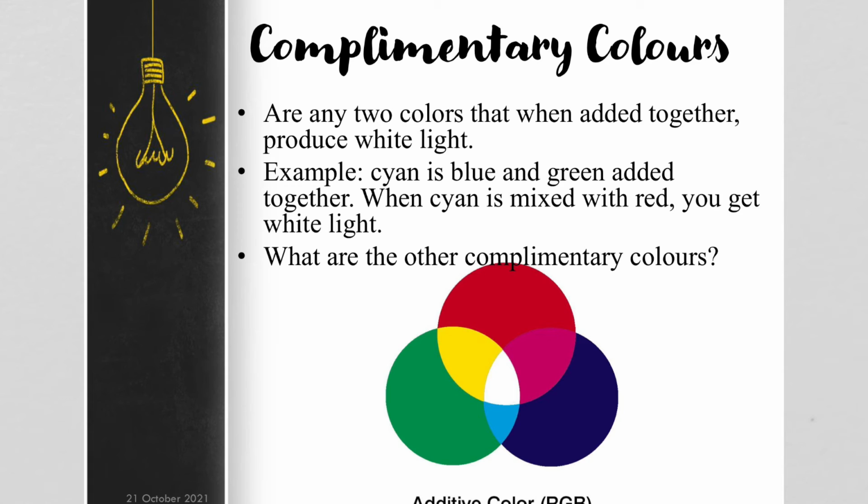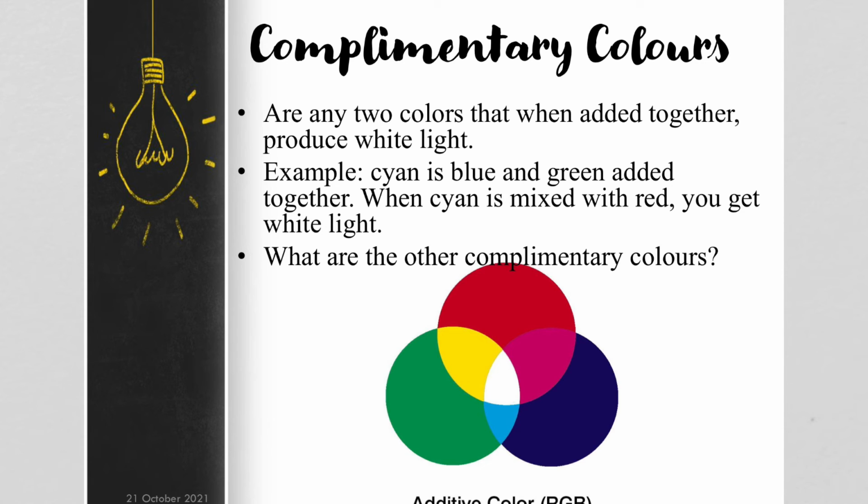Complementary colors are any 2 colors that when you add them together will produce white light. For an example, cyan, which is right here, is made when you add blue and green together. If I then added red to that, you'll get white light, because cyan is a mix of blue and green, and we know that when we add red, blue, and green, we get white light. Same idea.